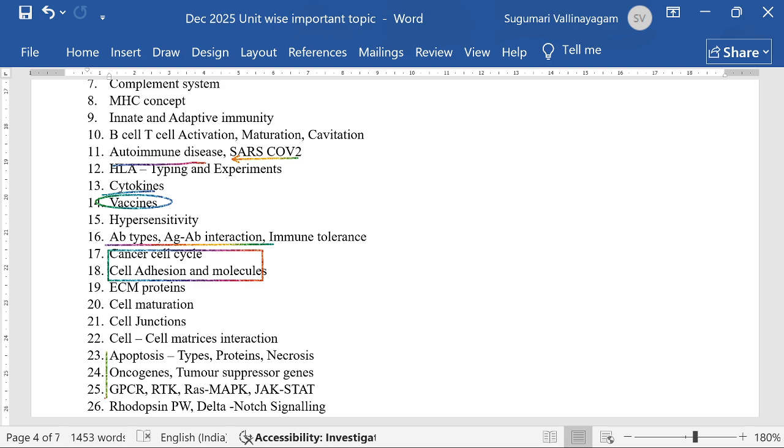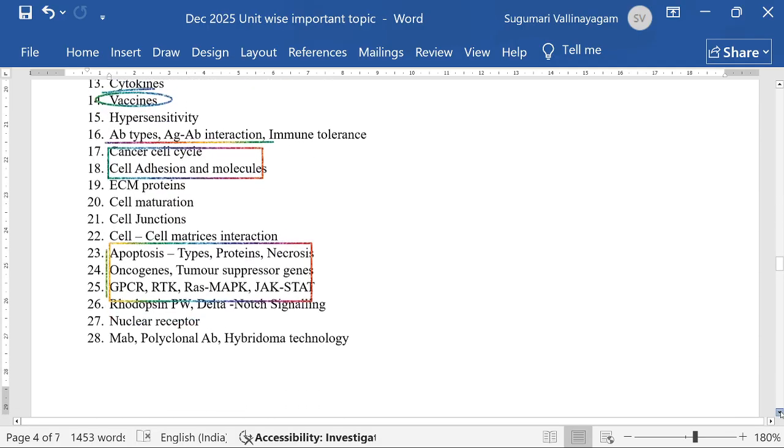Specifically these 3 topics are very important: apoptosis, types of proteins, and oncogenes, tumor suppressor genes. The pathways: JAK pathway, RAS pathway, RTK pathway, GPCR. From this they will ask one question.